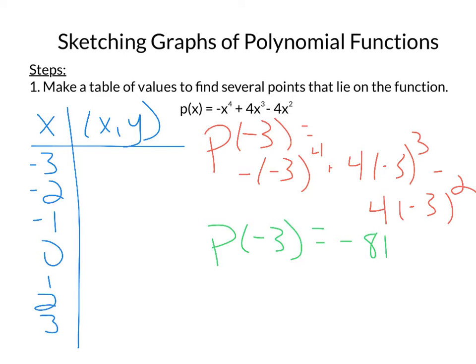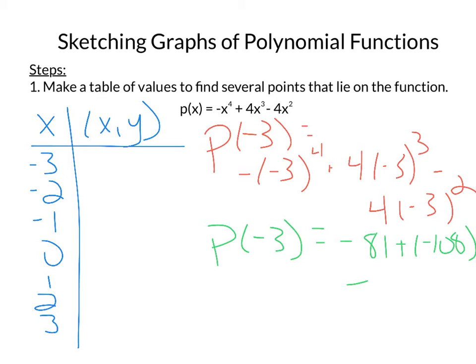-81. -3 to the fourth is 81, multiplied by the negative out front is -81, plus -3 to the third is -27. -27 times 4 is -108, so I'd have plus -108.